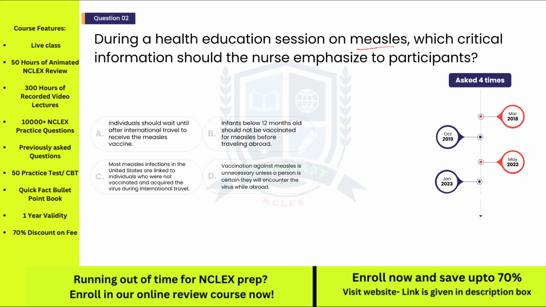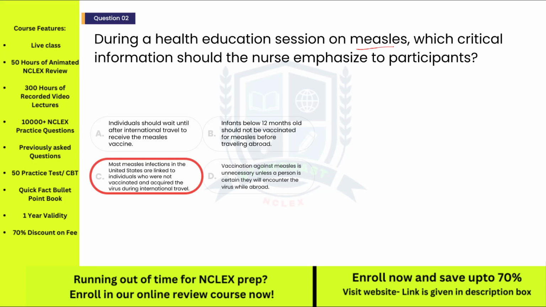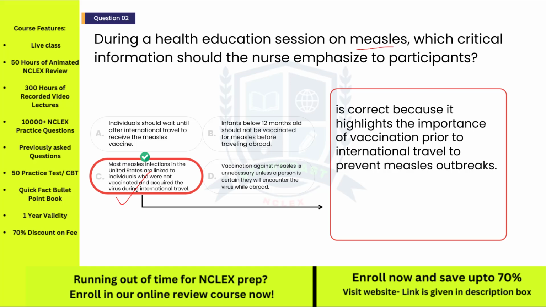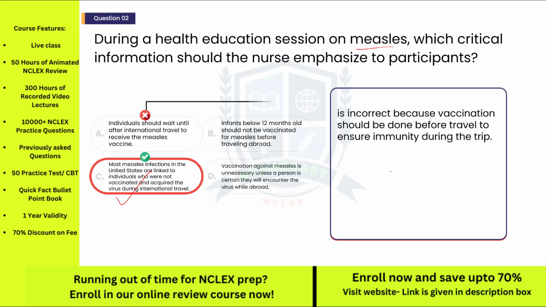Correct answer, C. Most measles infections in the United States are linked to individuals who were not vaccinated and acquired the virus during international travel. Option C is correct because it highlights the importance of vaccination prior to international travel to prevent measles outbreaks. Option A is incorrect because vaccination should be done before travel to ensure immunity during the trip.